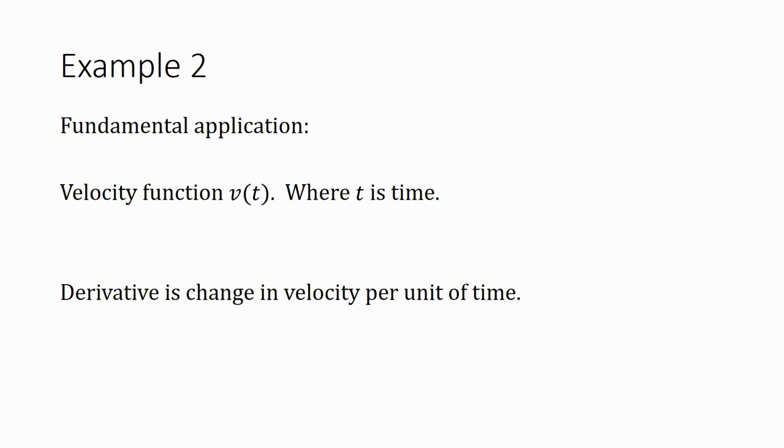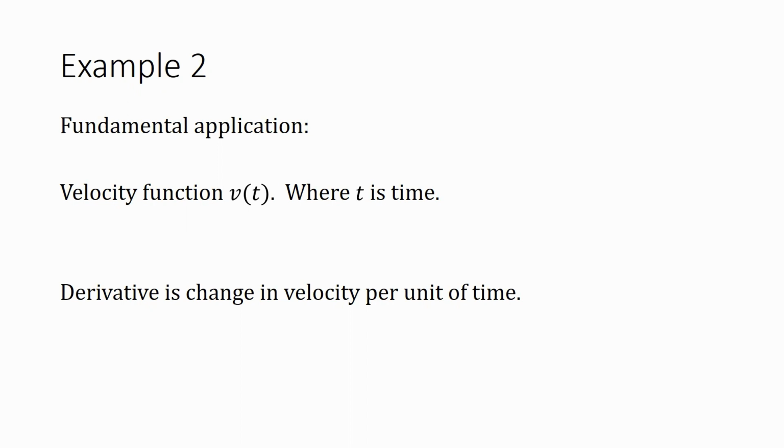Now that means the derivative is a change in velocity over unit time. If you think about what a change in velocity per unit of time is, it's basically telling you how fast your speed is changing. So how fast your speed is changing.